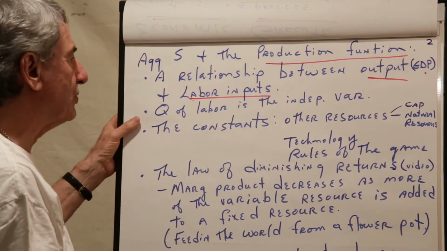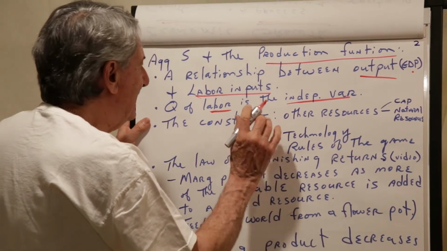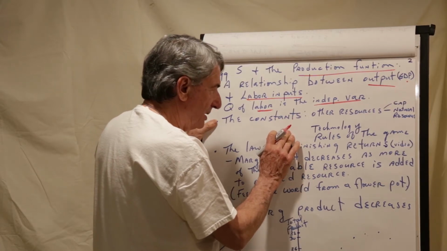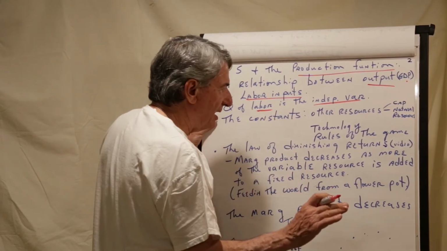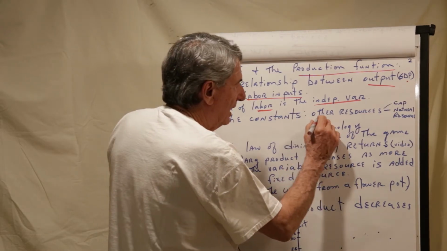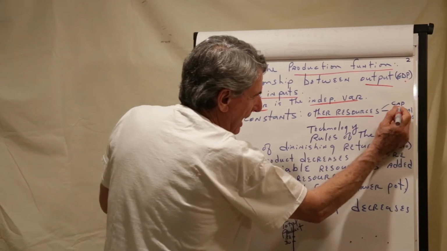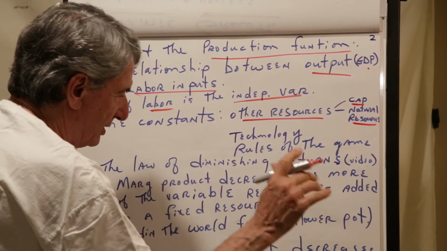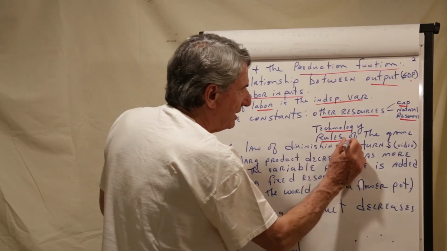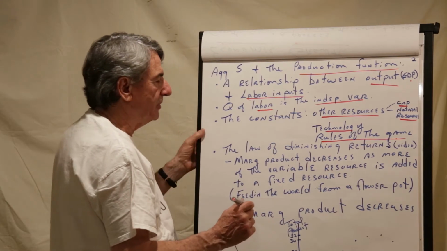We're going to draw this assuming that labor is our independent variable. Our dependent variable is real GDP. And everything else is held constant. What is held constant? The quantity of other resources besides labor, like capital and natural resources. Technology is assumed to be constant, and the rules of the game, that's the most important part of growth, are assumed to be constant.